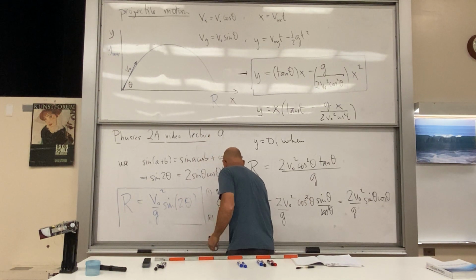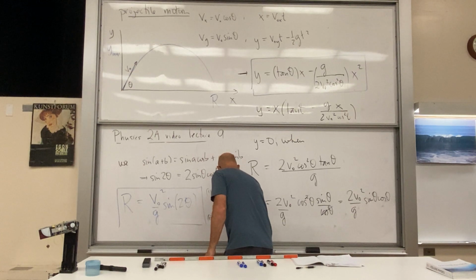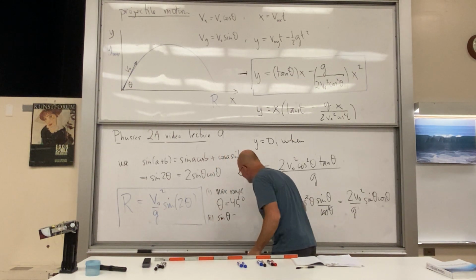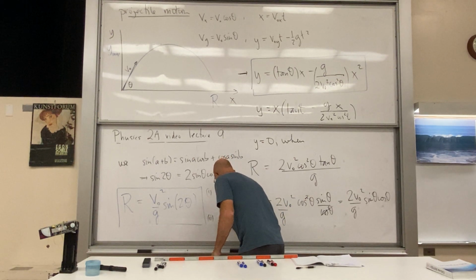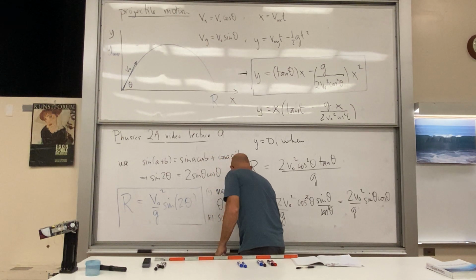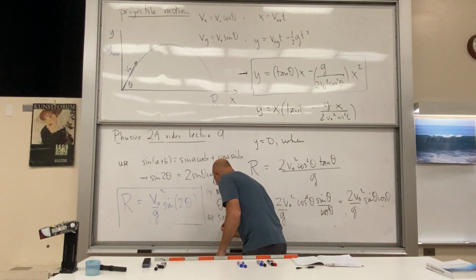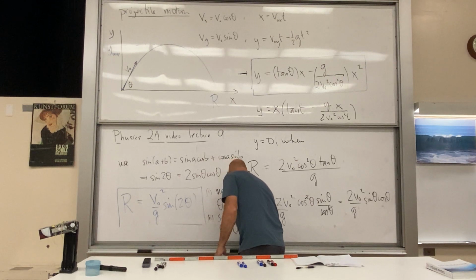And then we also have these complementary angles that I just demonstrated. We're going to have the same range when theta 1 plus theta 2 is equal to 90 degrees.